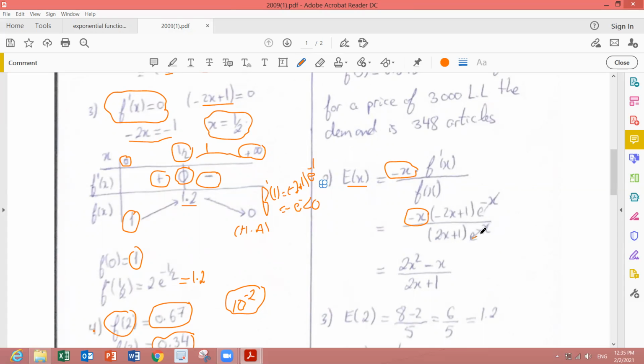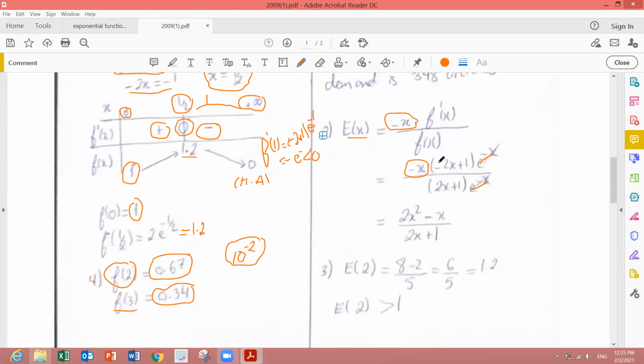Now we can simplify e to the minus x, since it is in the form of a product. Minus x times minus 2x equals 2x squared, so we get minus x over 2x plus 1. This is the elasticity: 2x squared minus x over 2x plus 1.